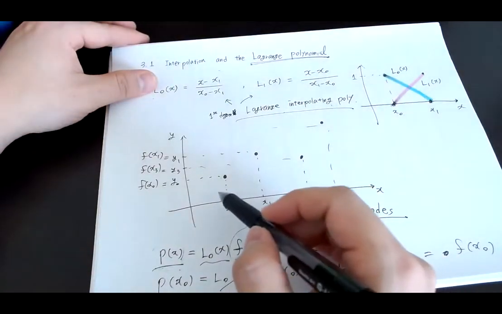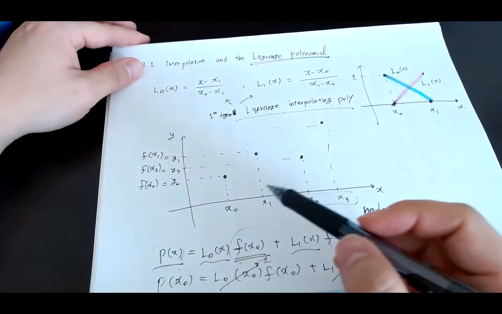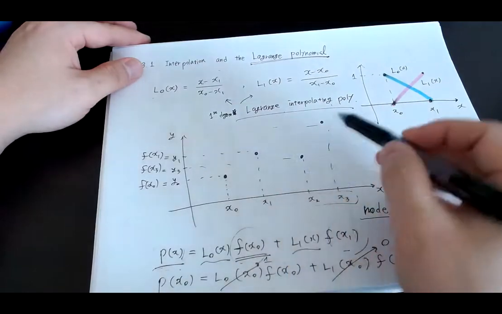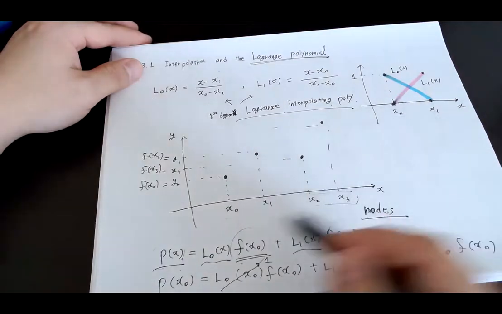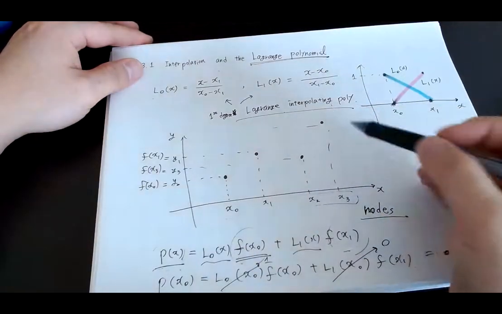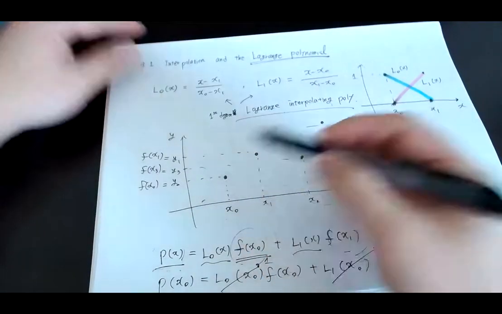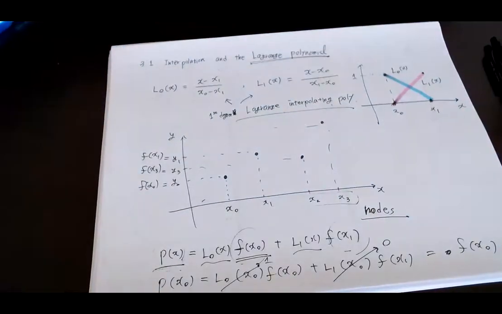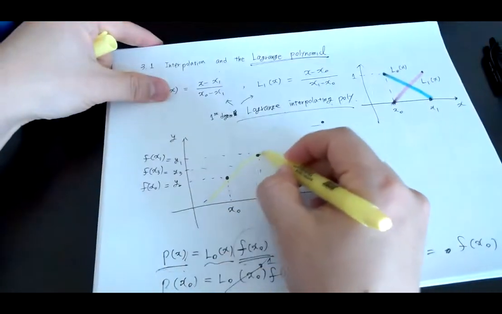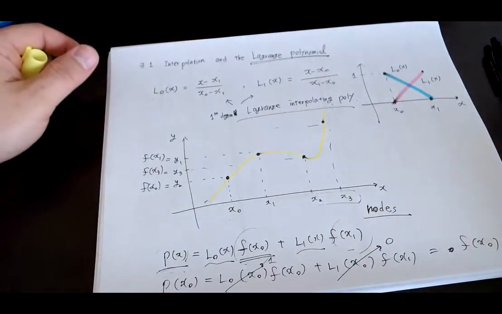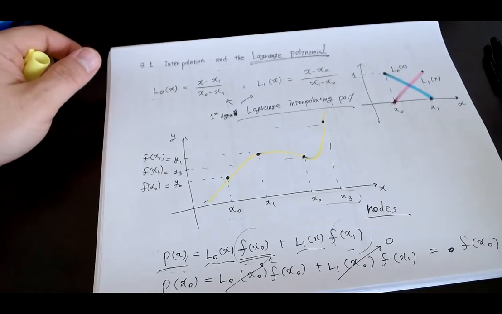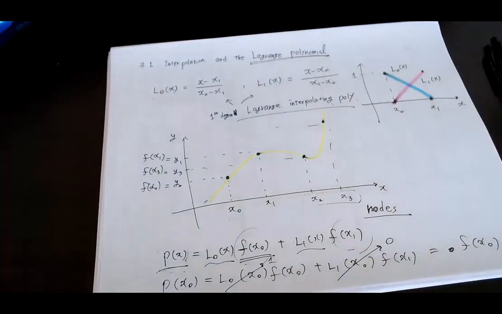We can construct the Lagrange interpolating polynomial using four nodes, 4 points, and then maybe we can get this kind of function. So those are Lagrange polynomial functions.